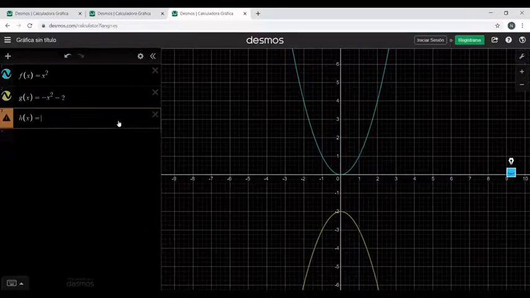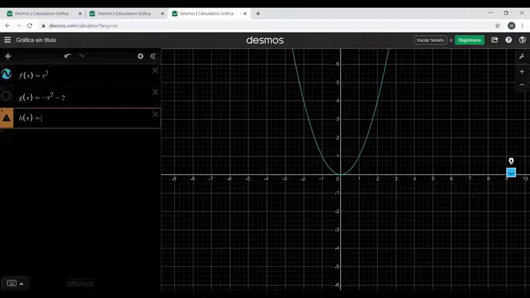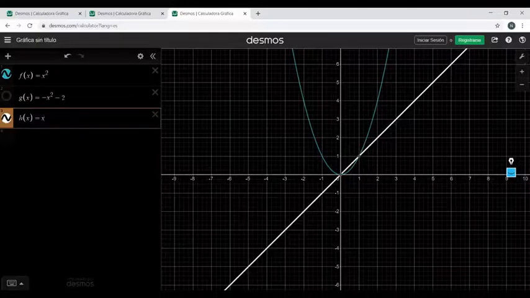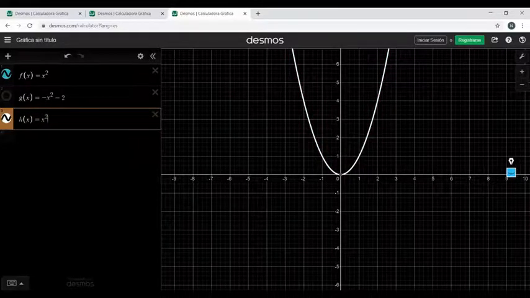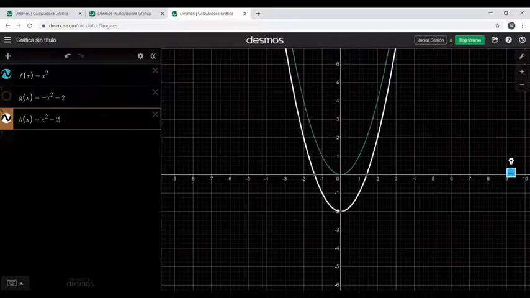Because if I wanted to do the opposite, if I wanted to perform the translation first and then the reflection, what's going to happen is this. Look, again, what is my original function? x squared. So I'm going to write x squared. And then I'm going to translate it downwards by 2 units. There it is.